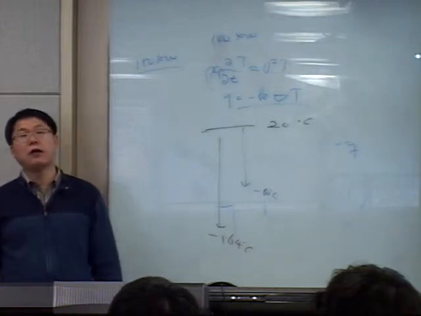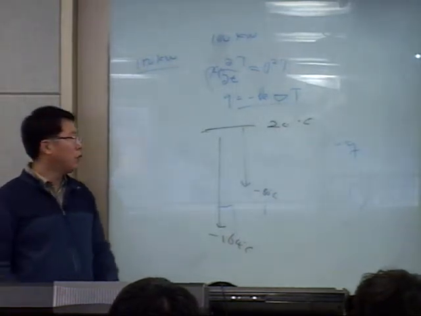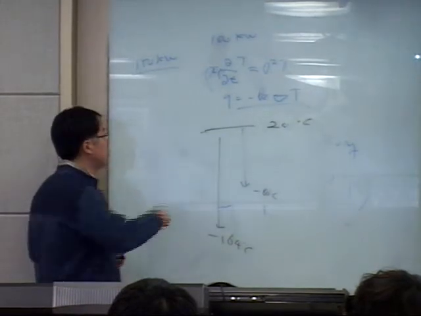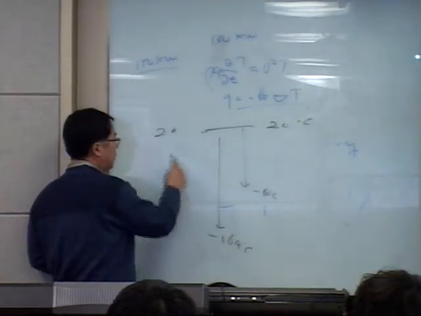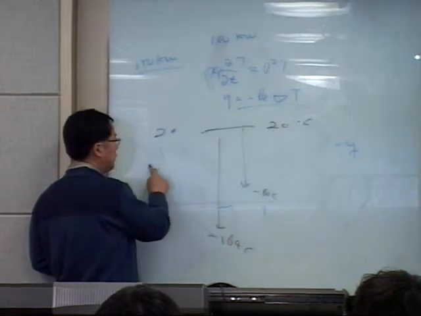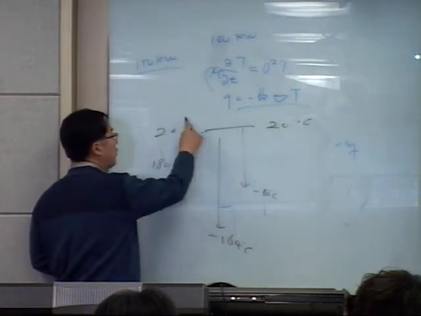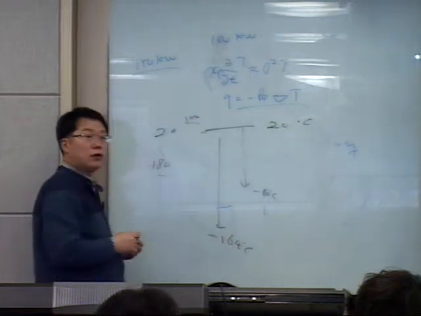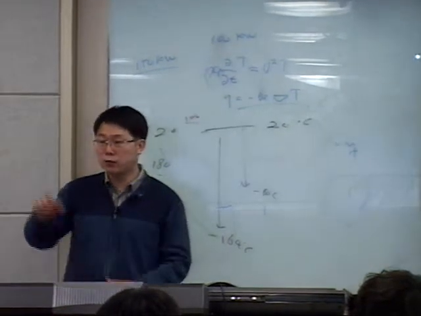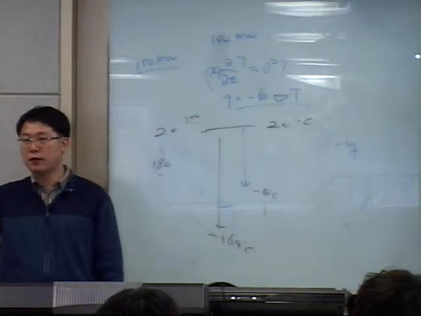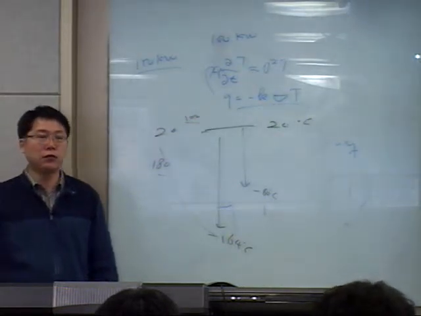Less BOG? Yeah, less BOG. We have less temperature difference. In this case, the temperature difference is 180. In this case, just 100. So the thickness of the insulation layer would be decreased.